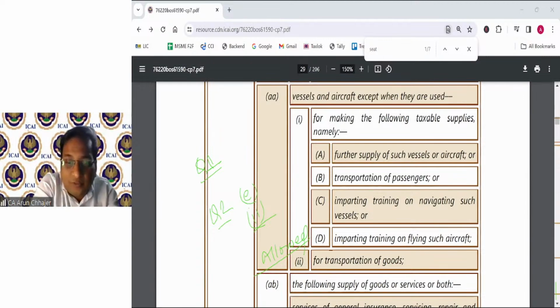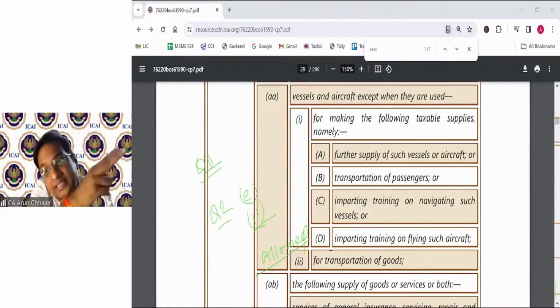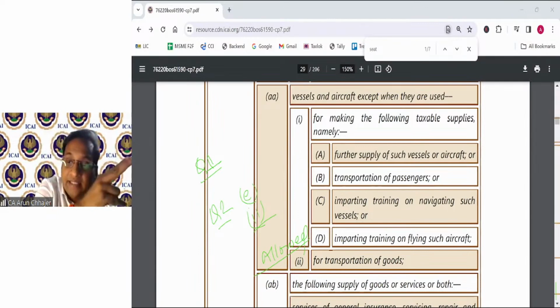So I'm saying, you are correct. Transportation of goods in clause A is also allowed. In clause AA it is also allowed. So my point is, why did they not write it in clause A, why have they not mentioned transportation of goods, but in clause AA they have mentioned it separately? Why is there a disparity, even though the result is the same? Result is the same means you can take the ITC.